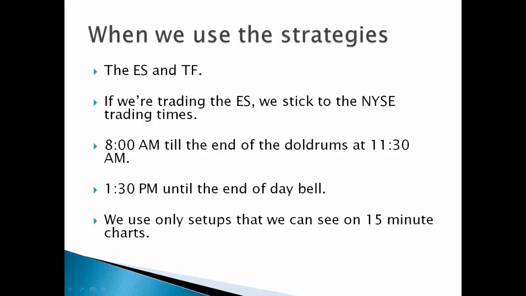And then after the daily doldrums end, from 1:30 until the end of the day bell. So we have 8 o'clock till 11:30, excluding the 9:30 open till 10 o'clock, and then after the daily doldrums, 1:30 till the end of the day. We only trade these setups that we can see on 15-minute charts.